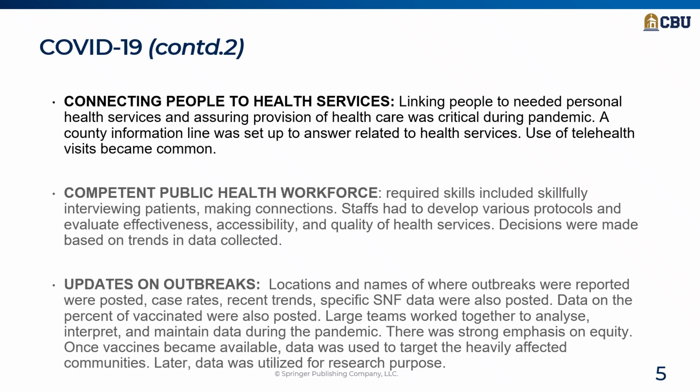Public dashboards posted case rates, outbreak locations, skilled nursing facility data, and vaccination coverage. Teams across epidemiology, labs, IT, environmental health, and outbreak management worked continuously with a strong emphasis on equity, using data to target the hardest hit communities and guide protective interventions.